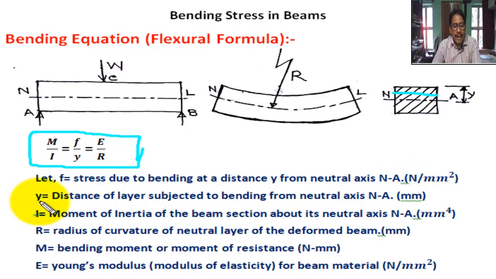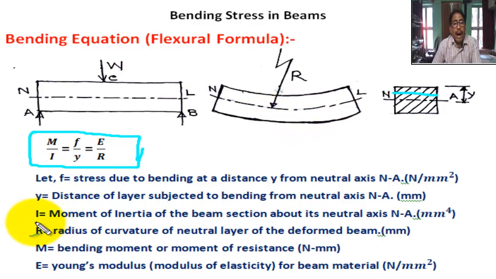Y is the distance of the layer subjected to bending from neutral axis NA, the distance of the layer where bending stress is calculated. It may be in the upper portion of the neutral layer or the lower portion of the neutral layer. Distance is y.